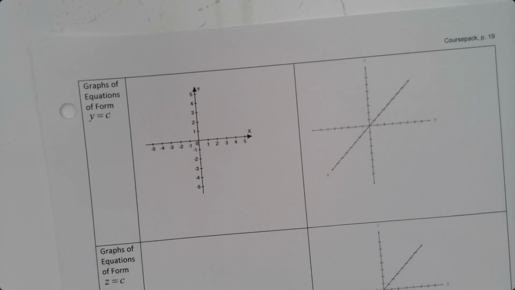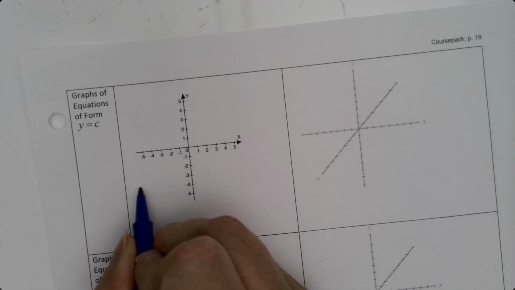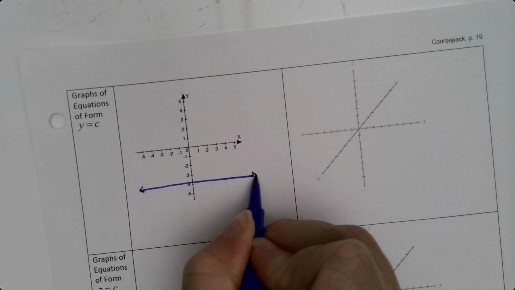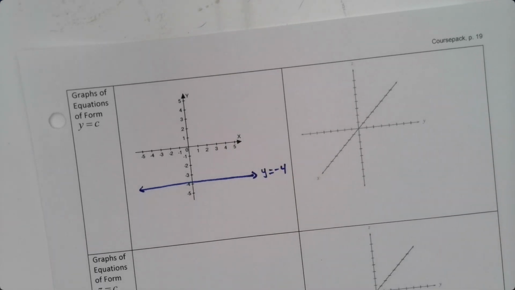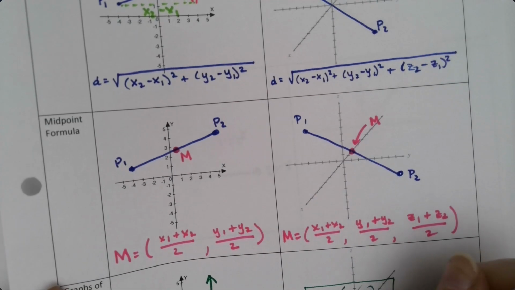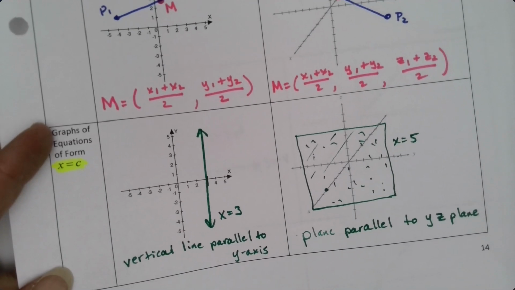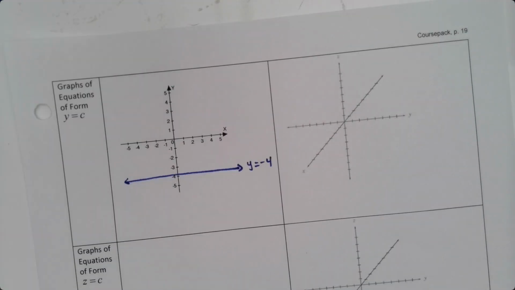All right, so now what about y equals c? Well, we learned that y equals c is a horizontal line, right? So it's a horizontal line. I'll draw y equals -4, just as an example. Oh, and I should have said this is x equals 5 that I'm drawing right here, if you want to see that. All right, so y equals -4.